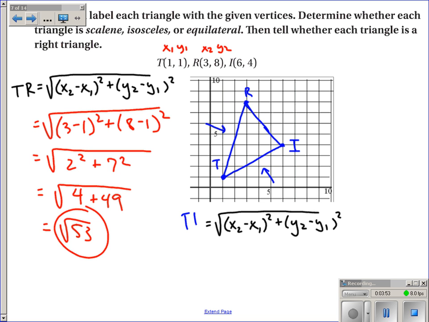Now I could find the decimal for that, but that's sufficient for what I'm doing now. So TR is the square root of 53.